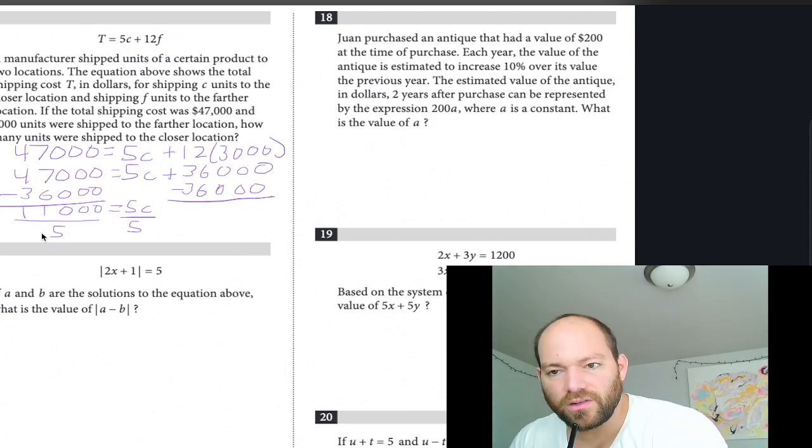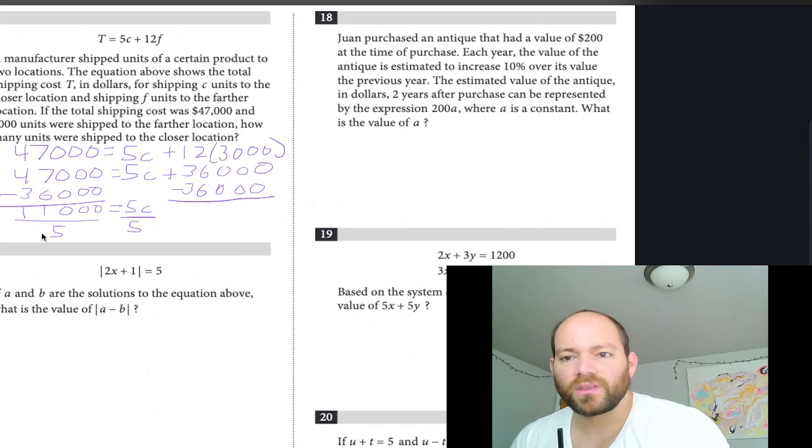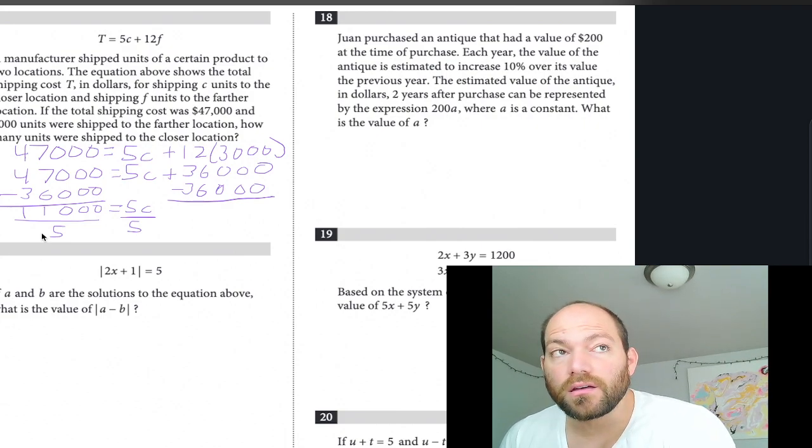But let's actually use that shortcut from earlier, right? Because 11,000 divided by 10, what would that be? Well, that would just be 1,100, wouldn't it?